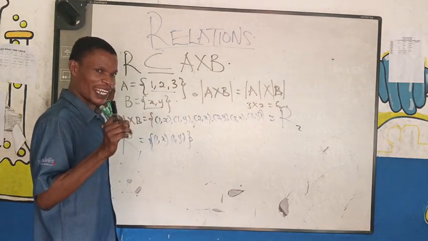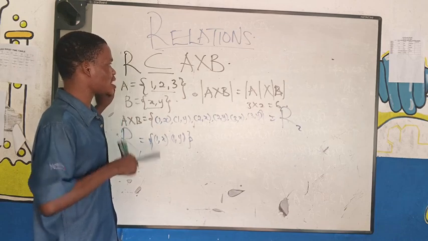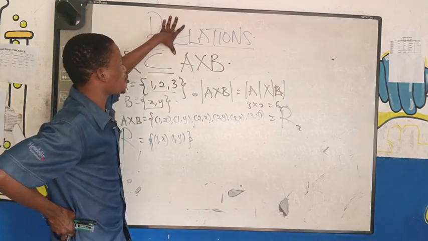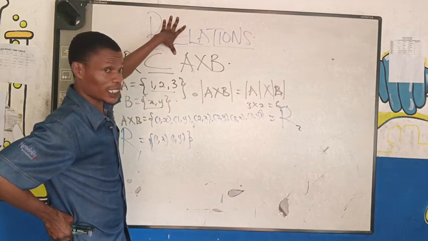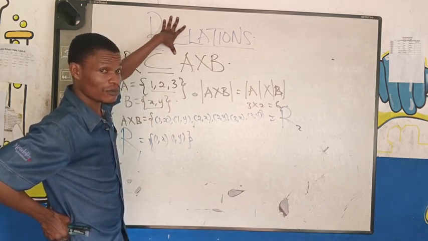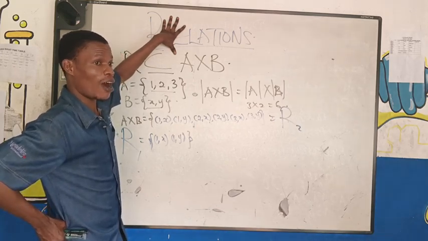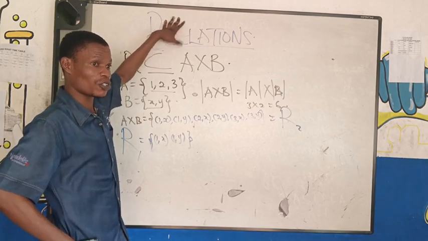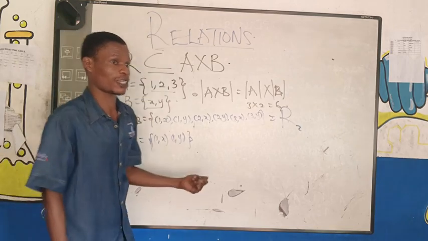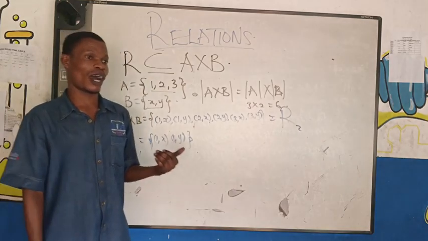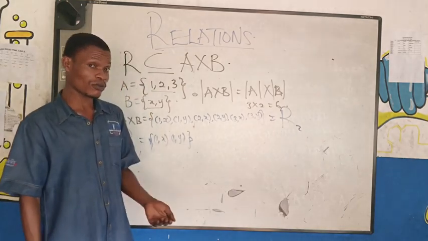The question is, are all relations a Cartesian product? Are all Cartesian products a relation? Number 1, are all relations a Cartesian product? Number 2, are all Cartesian products a relation?